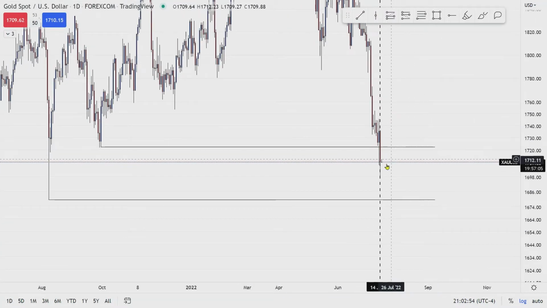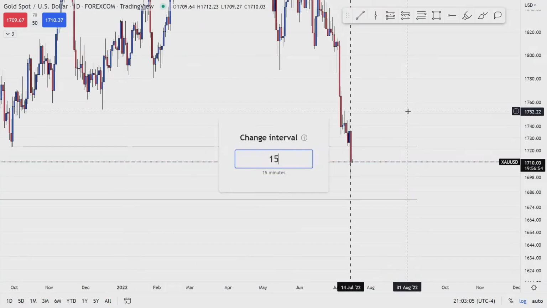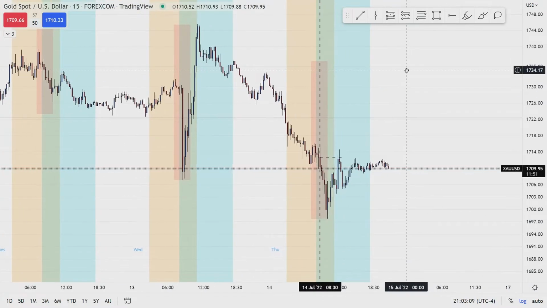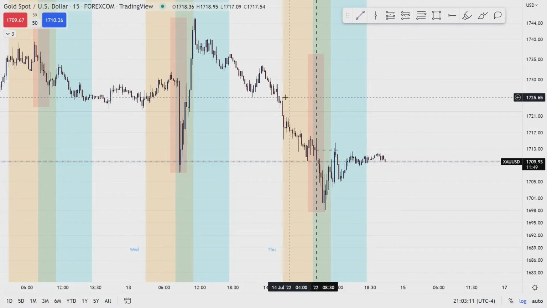So before this candle was formed, we had this low that I was looking at to be taken out for the day. So when we go to the 15-minute, we can see that this is the low that was taken out right here with this move right here.